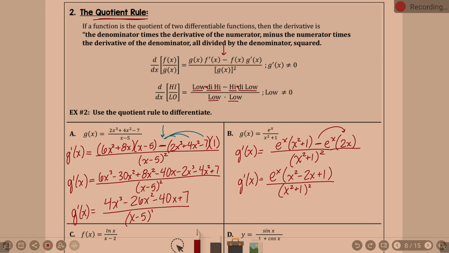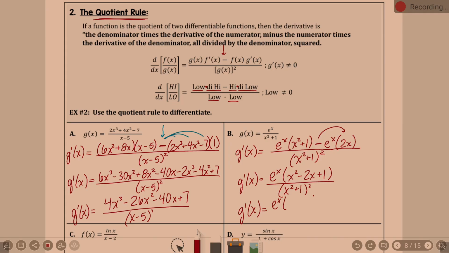Or, if you catch it, what else could that numerator do? x squared minus 2x plus 1 factors into what times what? And I'm going to say or here, so it's not that you'd have to go to this step.